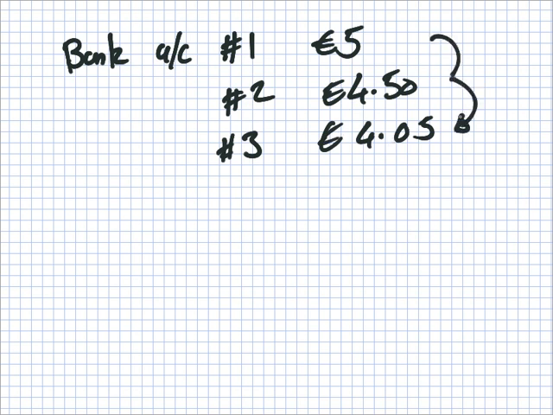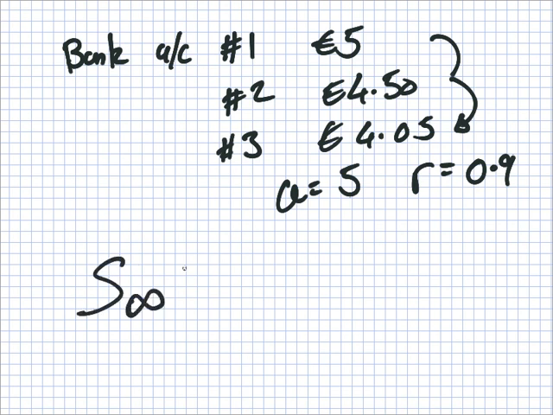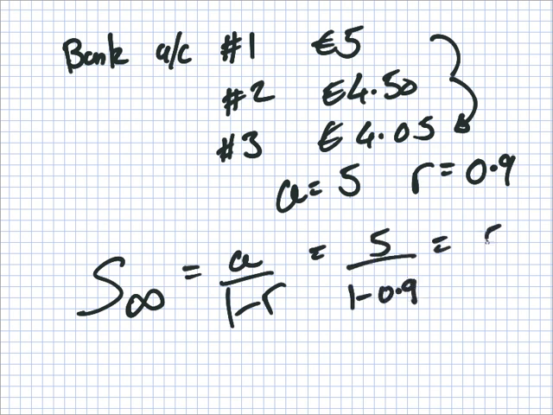This is geometric. What's the a? 5. And the r? 0.9. So if I was to repeat this process forever, how much money is on deposit? Well, the total money on deposit would be this, which is 5 over 1 minus 0.9, which is €50.